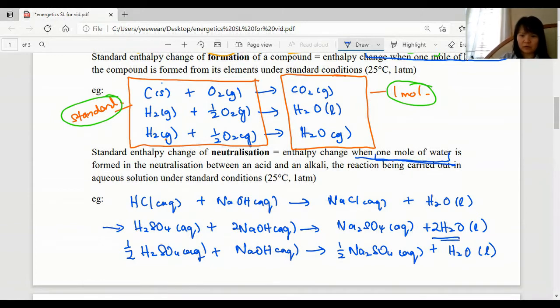There are 2 moles of water here. So this is actually 2 times the standard enthalpy change of neutralisation. This one is the standard enthalpy change of neutralisation because 1 mole of water is formed. So it's not dependent on the acid or the base. It doesn't have to be 1 mole of acid nor 1 mole of base. We focus on the water that is formed. It has to be 1 mole.